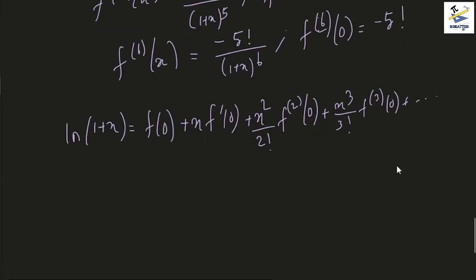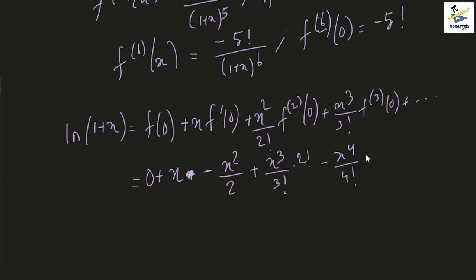Now once we start putting in the values, we see that f(0) is 0 and f'(0) is just 1. For the even one it's negative, if you remember, so it's minus x square by 2 plus x cube by 3 factorial into 2 factorial minus x to the power 4 by 4 factorial into 3 factorial, and so on.